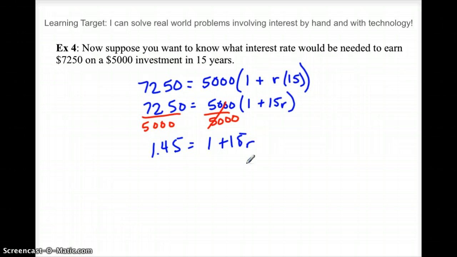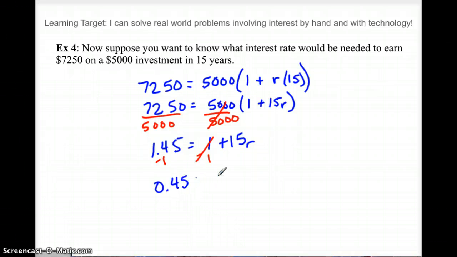That's all that's left. Okie dokie. To get 15r by itself, I'm going to subtract 1. So I have 0.45 equals 15r. So to get r alone, divide by that 15.